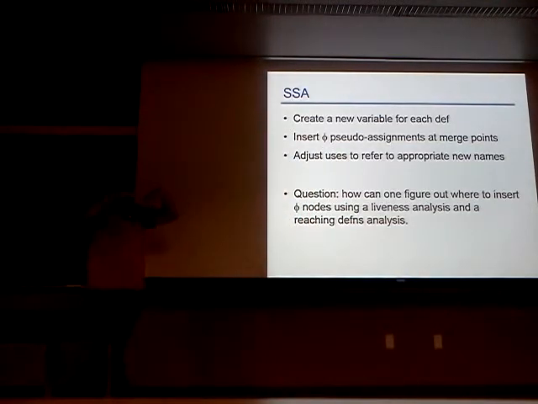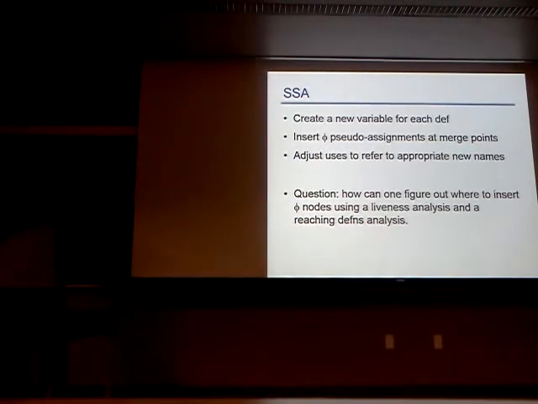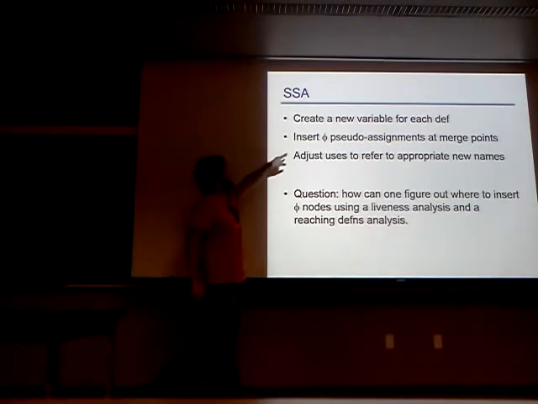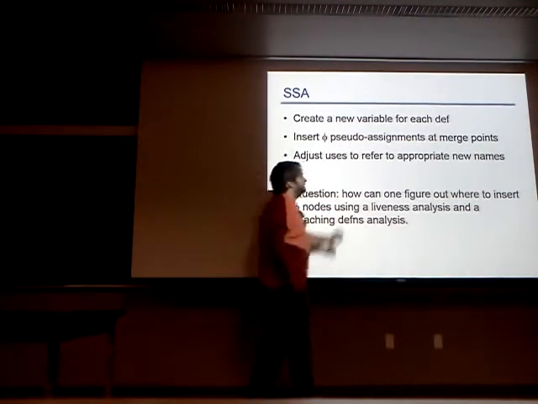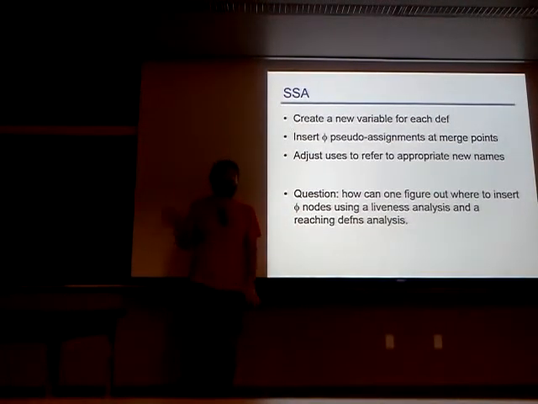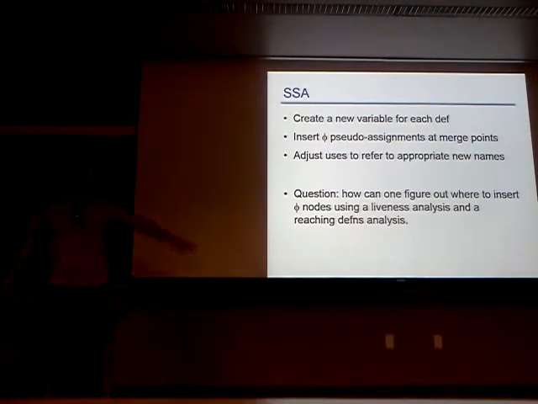At merge points, let's say for i, you might have i coming from one branch and another i coming from the other branch, and you insert phi nodes there. And then you have to adjust all the uses throughout the program to refer to the most recent version of the variable. Now, how do we insert phi nodes?